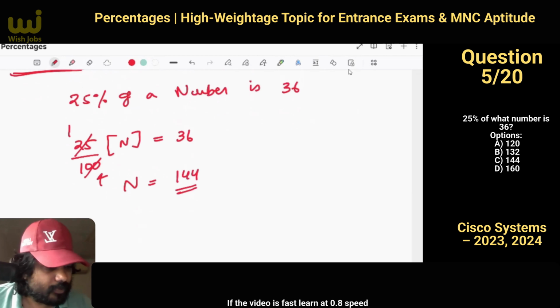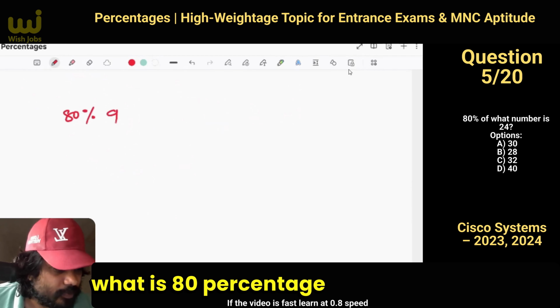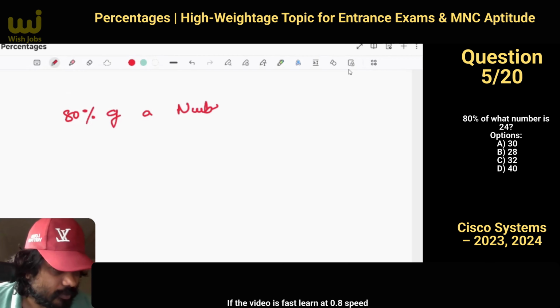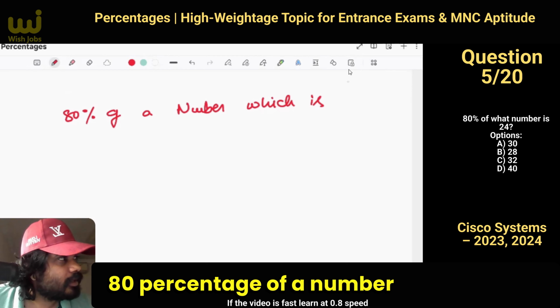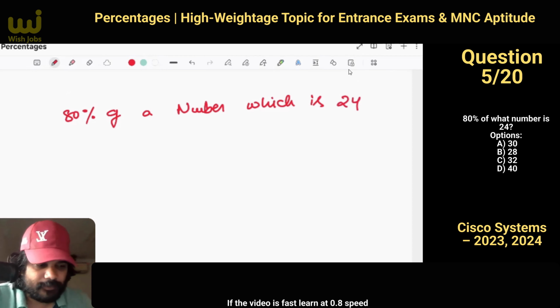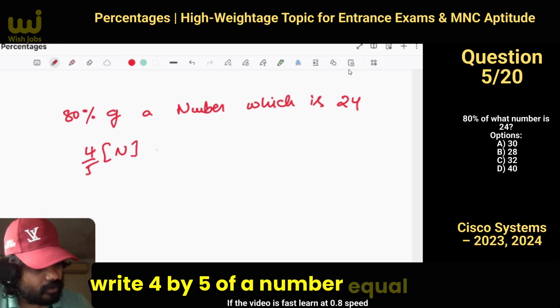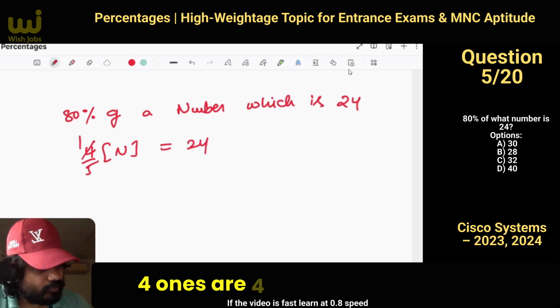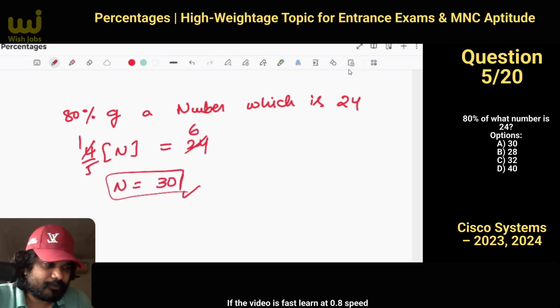Okay, and there might be a question like, what is 80% of a number, you can say 80% of a number is 24, for example. What is the number? For this kind of a question, you will write 4 by 5 of a number equal to 24. 4 6s are 24, n equal to 30. So the number is 30.